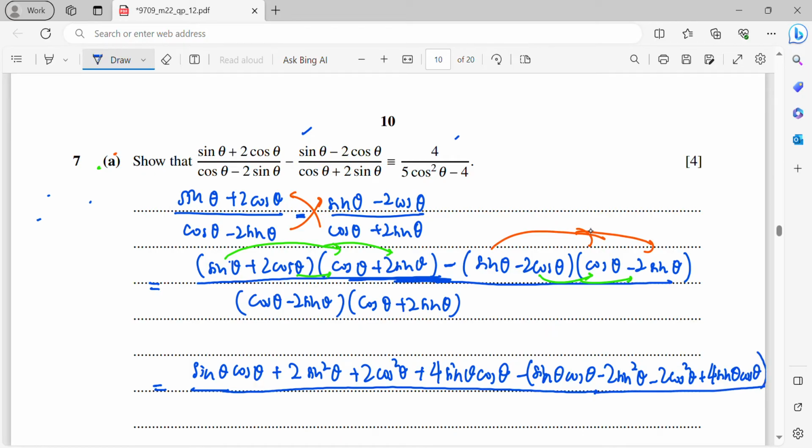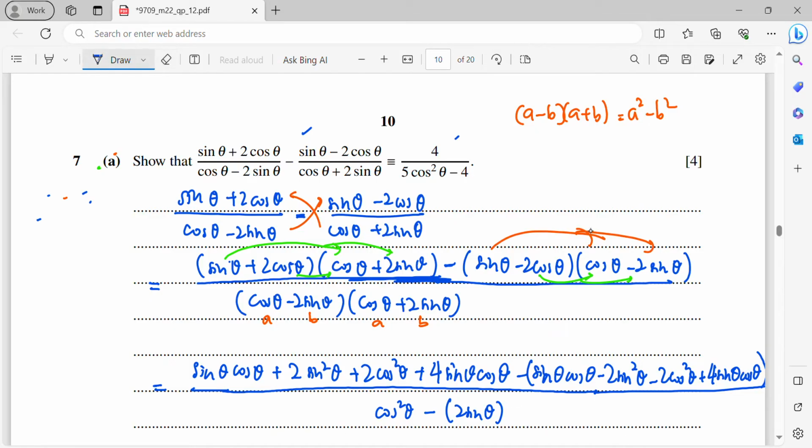Okay, so close bracket. Now, for the bottom, the denominator, we have a formula. A minus b times a plus b is basically a squared minus b squared. So this is my a, this is b, this is a, this is b. Therefore, I will be getting a squared minus b squared, which means it will be cos squared theta minus square of 2 sine theta.